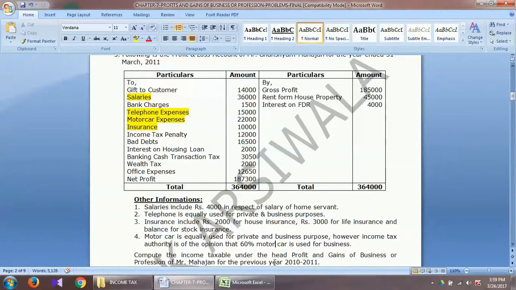So whenever we find two statements in an income tax problem, one a statement of SSE and another a statement of income tax authorities, we should always take the statement which has been given by income tax authorities. Here, income tax authorities are of opinion that 60% of motor car is used for business and 40% is used for personal purposes. So 40% of the total motor car expenses will be added back as they are personal expenses.